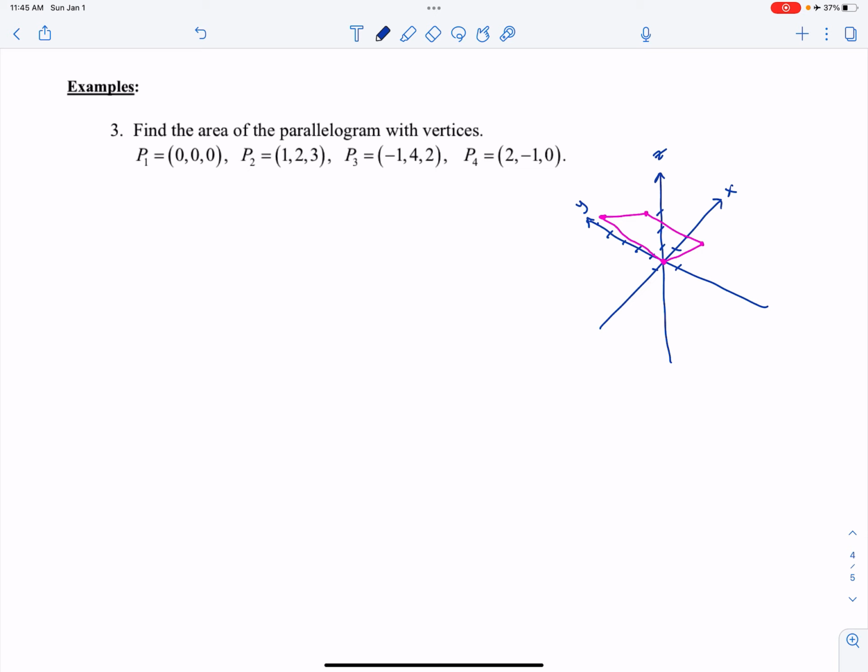So first, I'm going to say vector u is going to be from point 1 to point 2. So from 1 to 2, and then vector v is from point 1 to point 3.